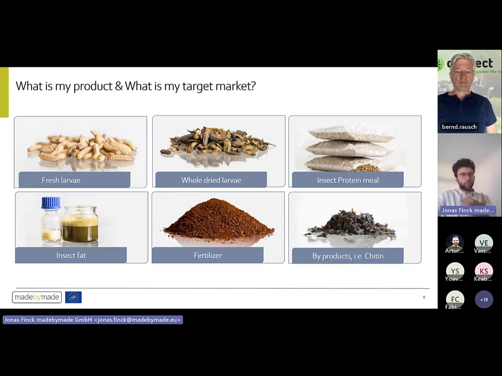Am I more interested in designing insect products for the B2C sector, for direct customers, or am I more interested in the commodity market and want to produce insect protein meal to supply this product to the feed industry? This is our goal, it's our approach. I think it's very important that you are clear on that. It's impossible, in my personal opinion, to do everything at the beginning and start all the products and think, okay, I can produce for the feed industry and also for the food industry.